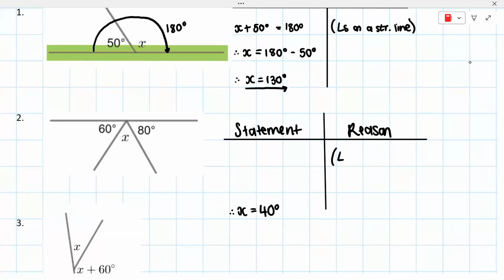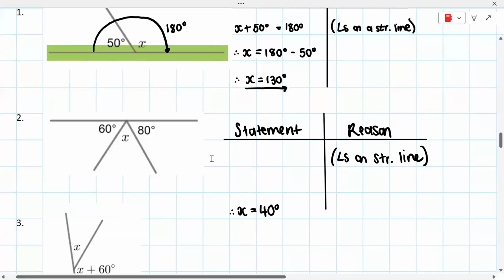Excellent. Well done. Okay, so guys, my working out is a bit separated here because I actually obviously want to do the whole thing. But exactly as Sinanya said, our answer is 40 and our reason is angles on a straight line. So our statement would be that x plus 60 plus 80 must give us 180 degrees. If you don't realize what's happening right now, guys, I'm explaining this question, so you need to focus and listen.